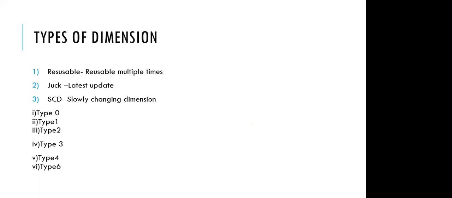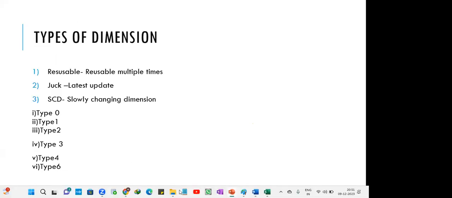Out of 10 projects, maybe only 2 to 3 projects want us to apply SCD logic, and that all depends upon the business logic. So let's see what SCD is. We have type 0, type 1, type 2, type 3, and types 4 and 6.